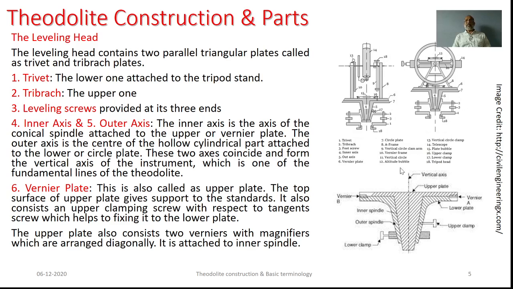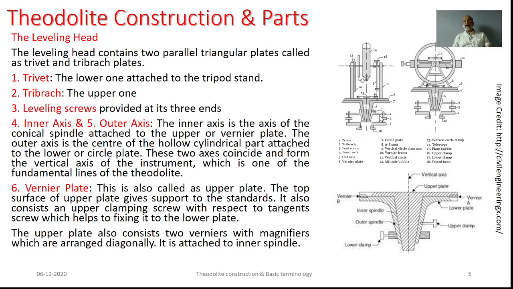So let's try to discuss this particular theodolite's construction and its parts. The leveling head is the lowermost part. The relevant discussion about leveling and the level is already clear to you. That's why most of the parts related to this equipment could sound repetitive.